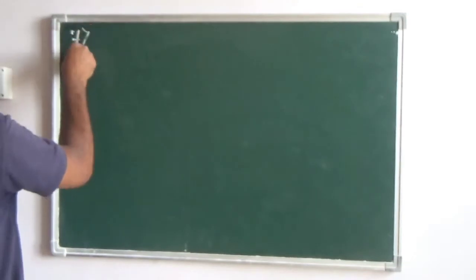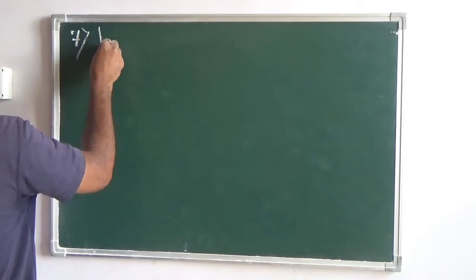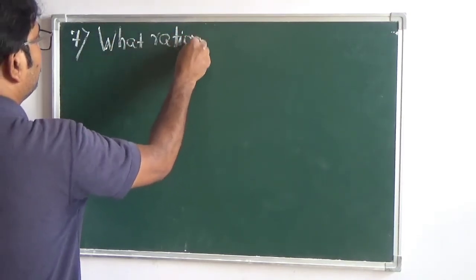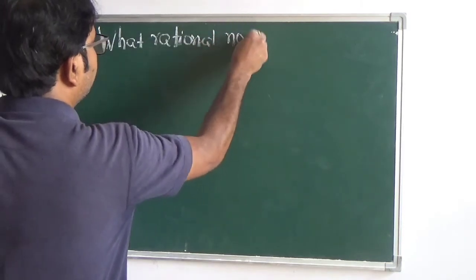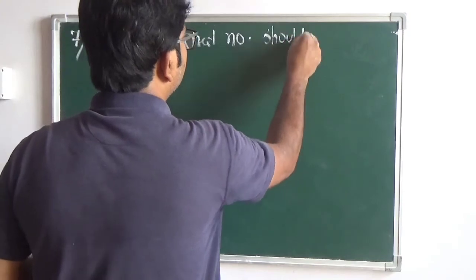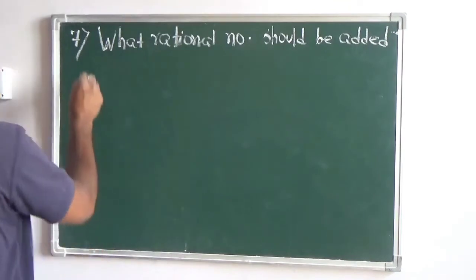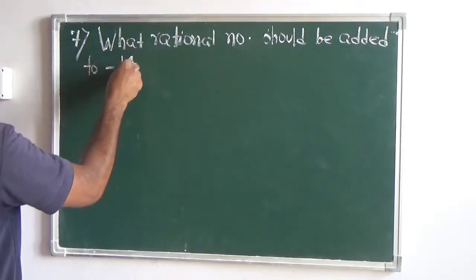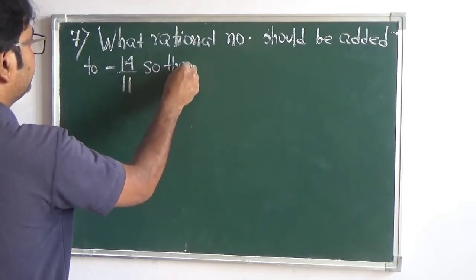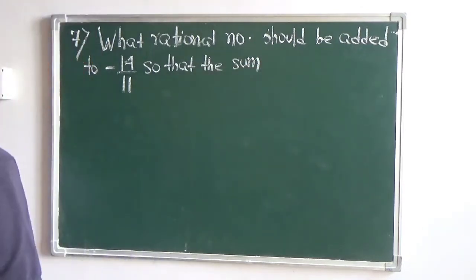Now question number 7 says, what rational number should be added to minus 14 by 11, so that the sum may be 0.